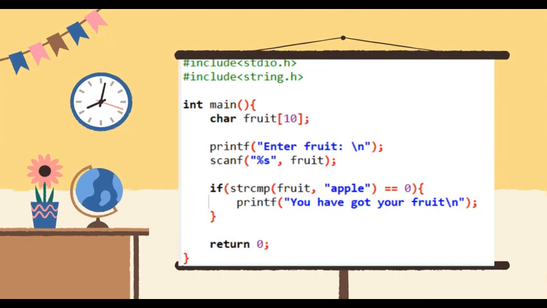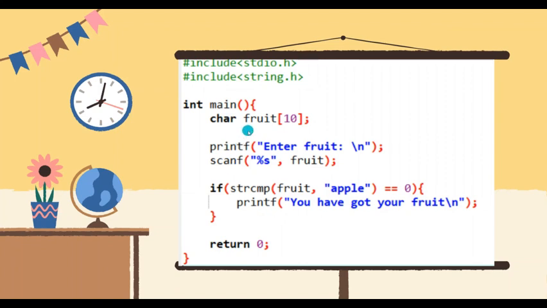And the example for if statement. Here I would like to take a fruit and check whether the fruit I need and the fruit which is there inside is same or not. Here I'll enter the fruit name as apple and I'll compare the fruit name with strcmp, and I give the name as apple and inside the fruit also the apple, then this printf statement will get executed.